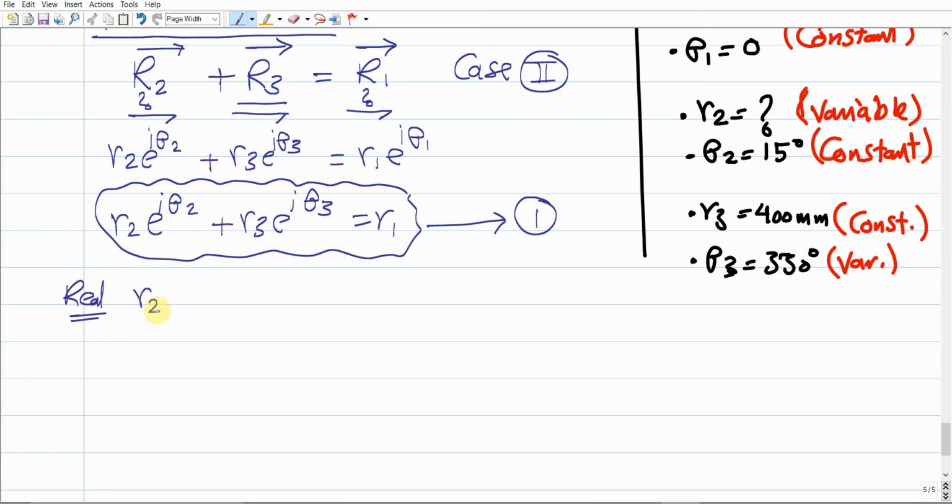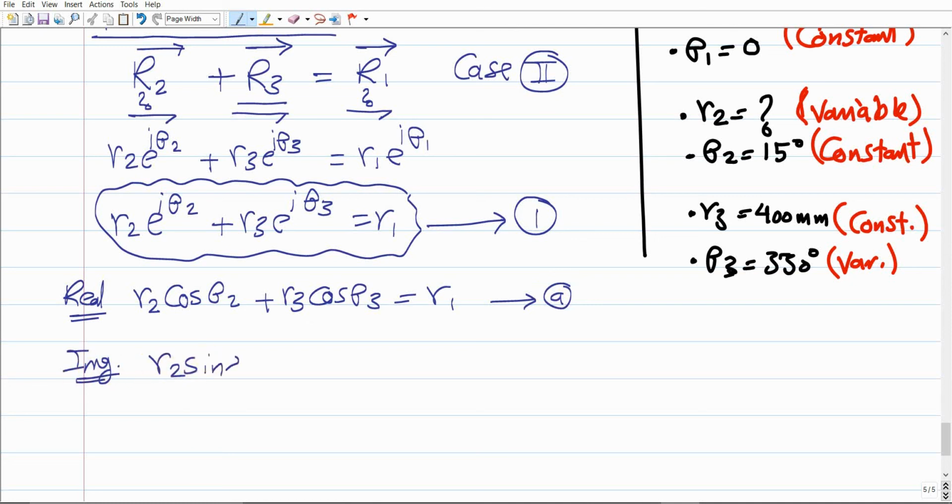Collecting the real terms: R2 cosine theta 2 plus R3 cosine theta 3 equals R1, which is already real. This gives us equation A. The imaginary part is R2 sine theta 2 plus R3 sine theta 3 equals 0, because there is no imaginary term on the right. This gives us equation B.